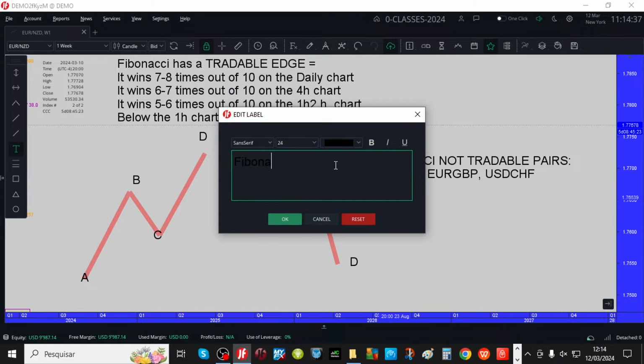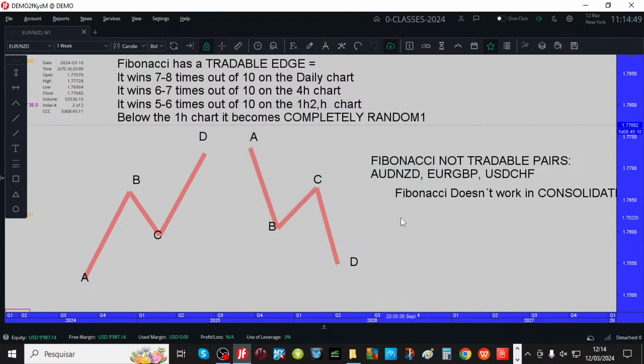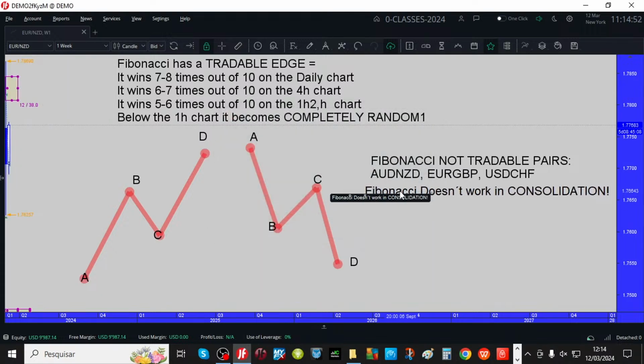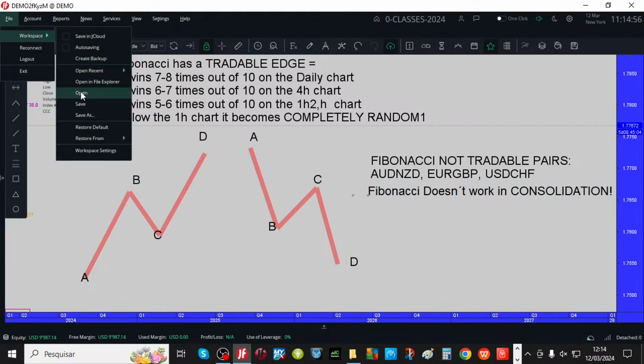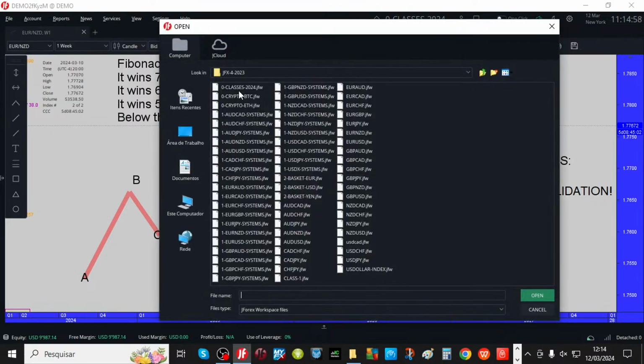So Fibonacci doesn't work in consolidation. Alright? Fibonacci doesn't work in consolidation. So give me a second, everybody.